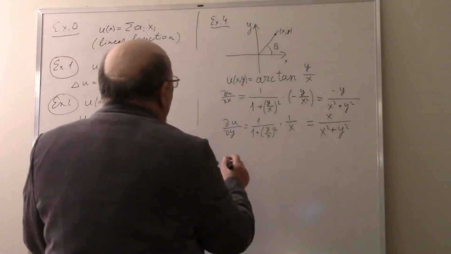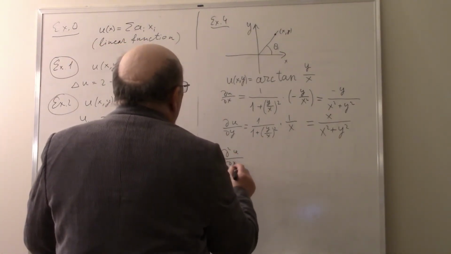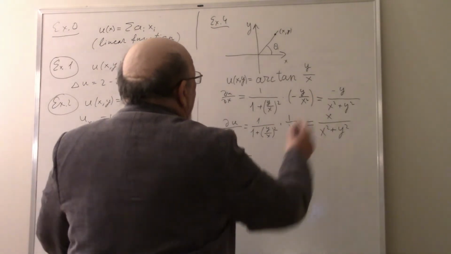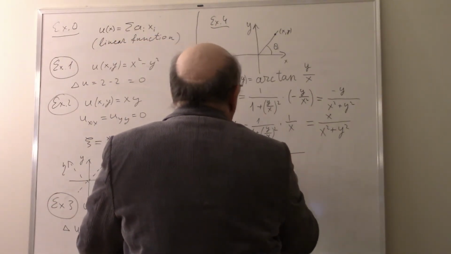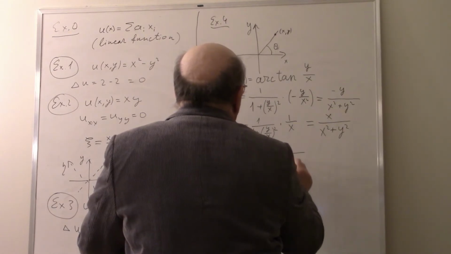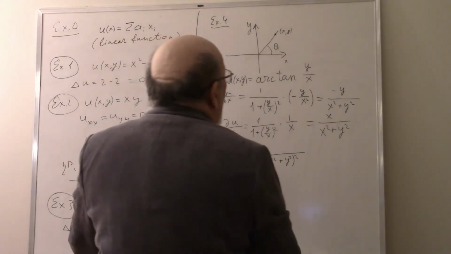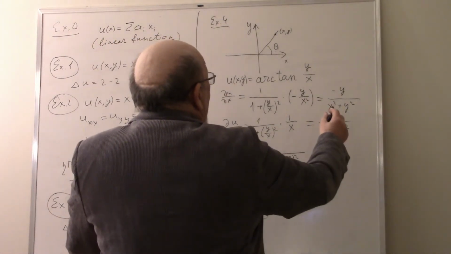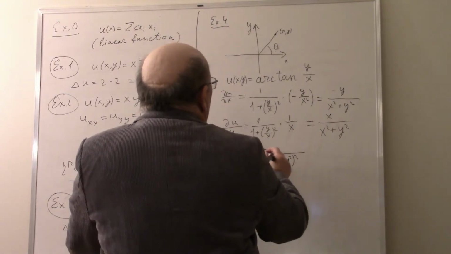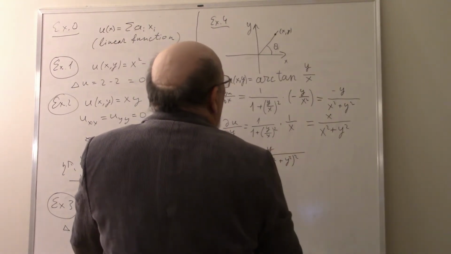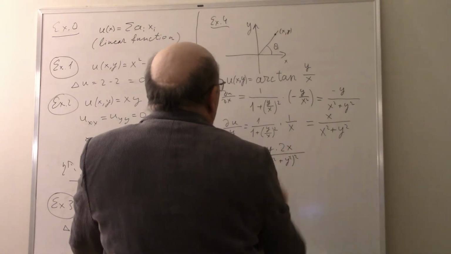Now once again d2u/dx squared, we have to differentiate this. It is (x squared plus y squared) squared in the denominator, numerator times derivative of denominator, minus y times 2x. Yes?